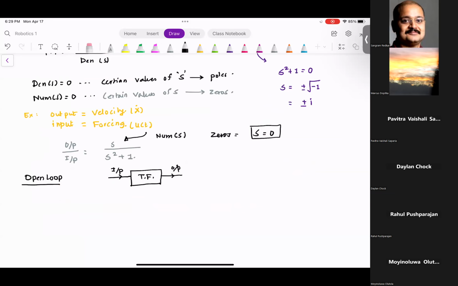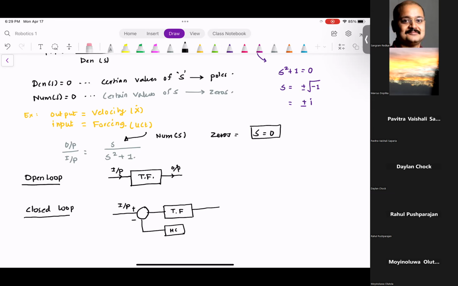Now let's look at what happens if you have a closed loop transfer function. In a closed loop, you have an input that gets compared with the output, and the difference between the input and the output, which is called the error, is fed back to the transfer function.